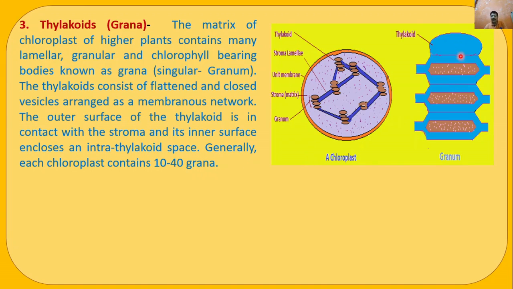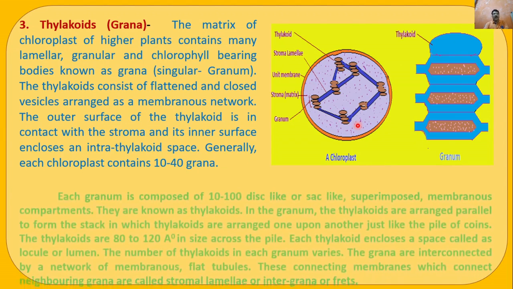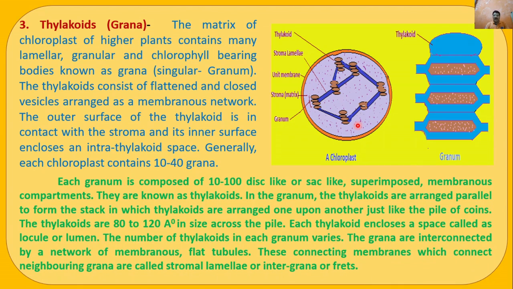So the number of such grana in each chloroplast will be 10 to 40. Now each granum is composed of 10 to 100 disc-like or sac-like superimposed membranous compartments, and they are known as thylakoids. So these grana are made up of a number of different thylakoids.